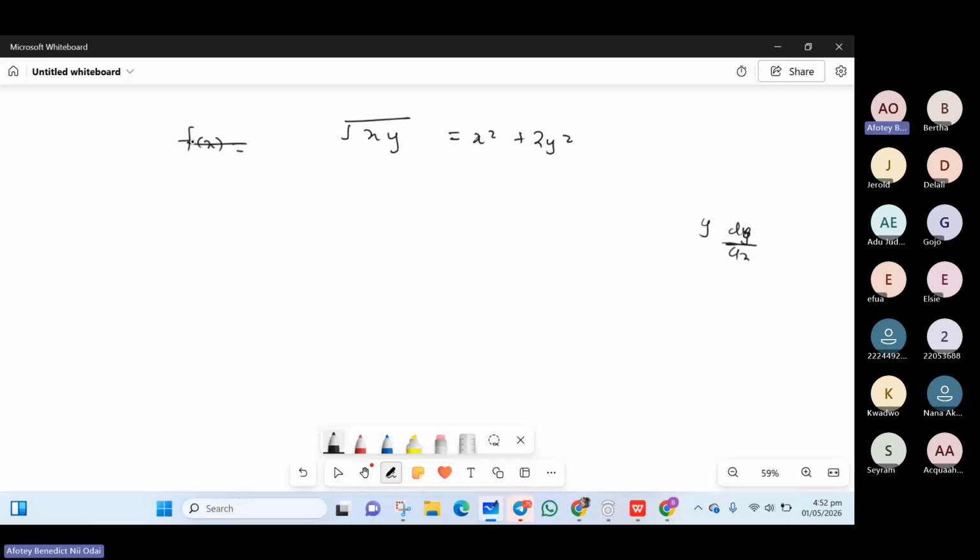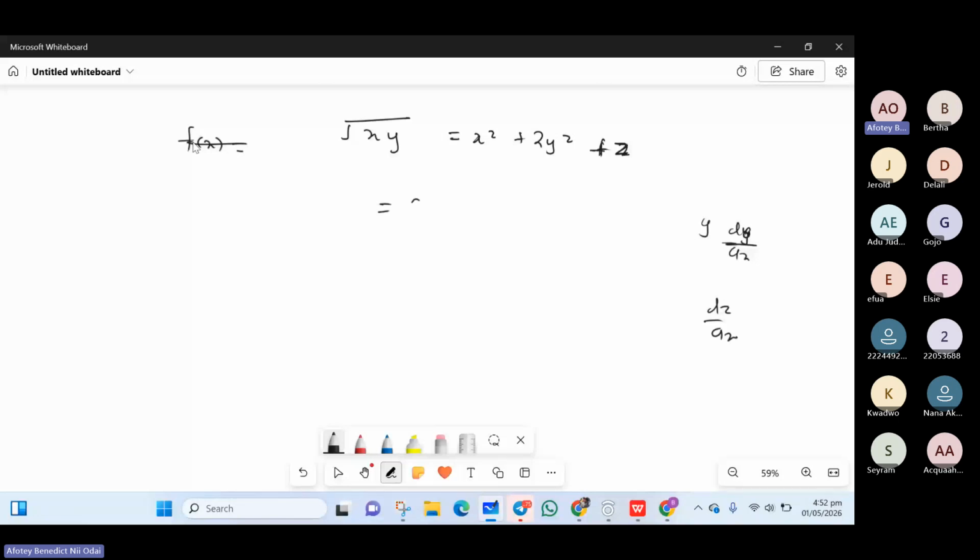Now, we are differentiating with respect to x. So if there was, let's say, plus z, the differential of z would have been dz/dx. This is what it looks like. Let's actually see what this expression looks like. I've added a z to it, but I'll take it off later.